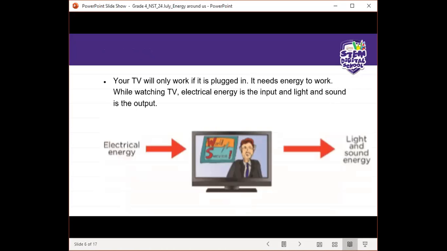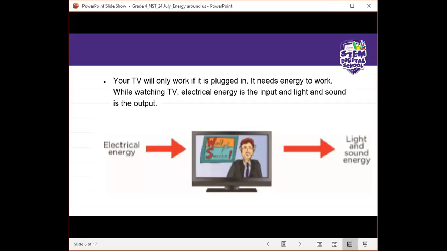Okay, so our next examples, guys, are examples of how energy is transferred. Your TV will only work if it is plugged in. It needs energy to work. So while watching TV, electrical energy, which is the input energy, is turned to light and sound.